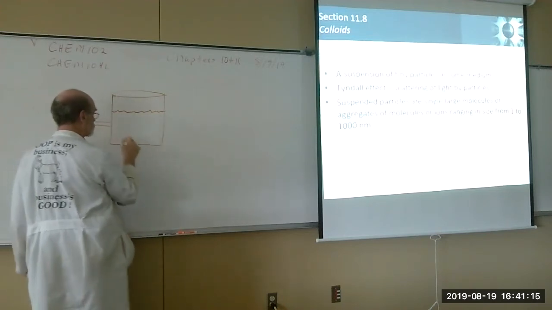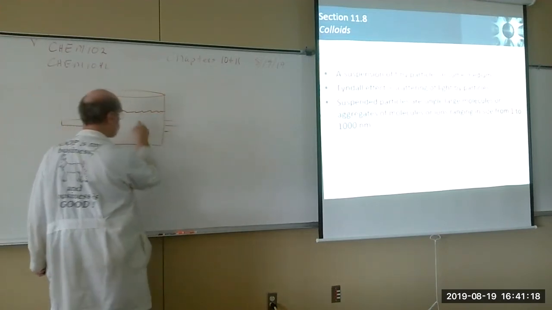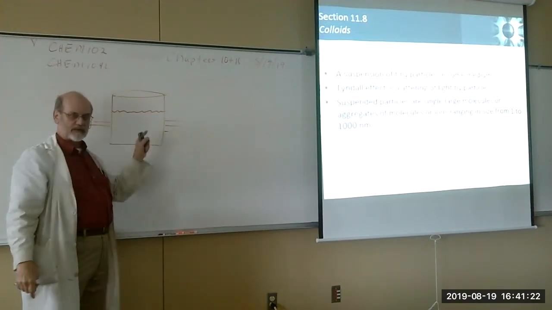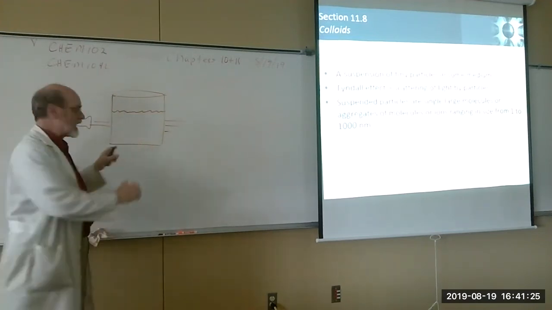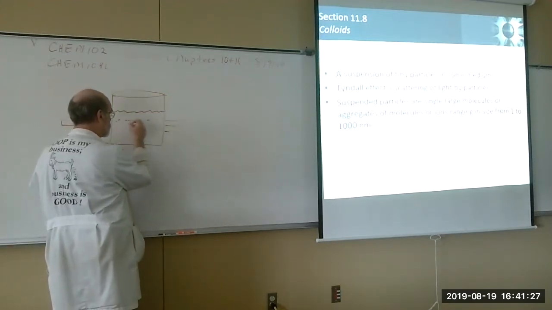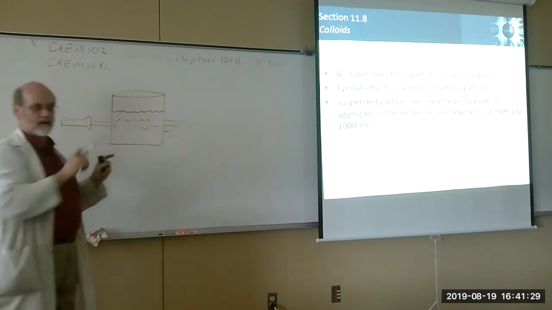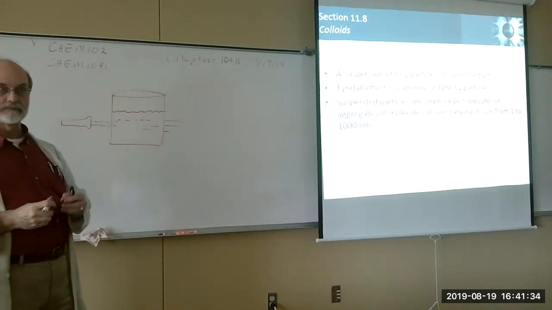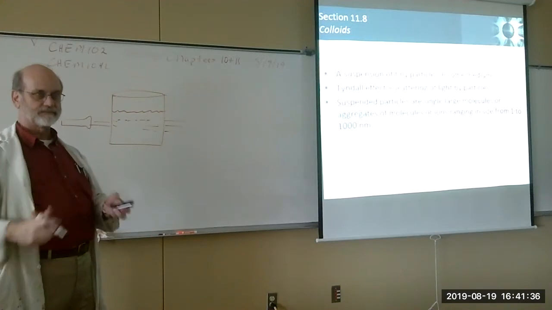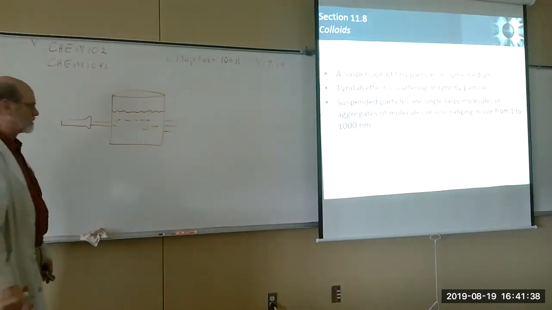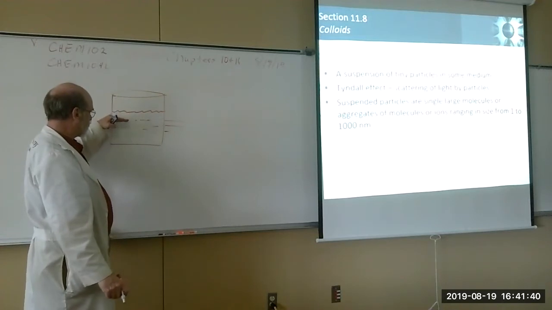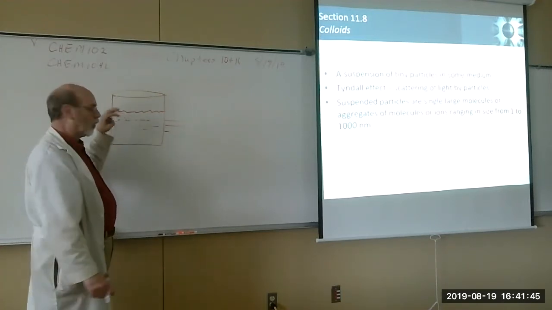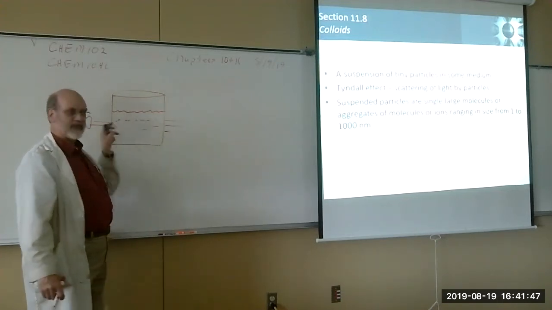Shine it through your solution. If it comes out the other side, you don't see it in there, right? You can't see the beam in here. That's a solution. If you see some of the beam in there, that's a suspension or colloid. If it's a true suspension, then eventually the solid particles will settle out. But if it's a colloid, they won't settle out, but you'll still get that Tyndall effect.